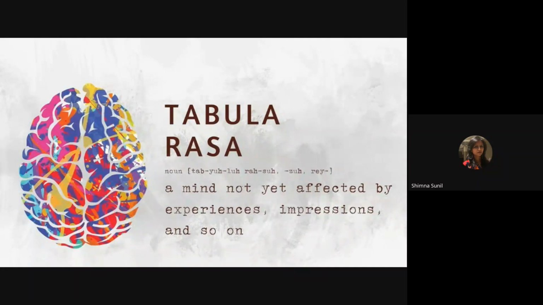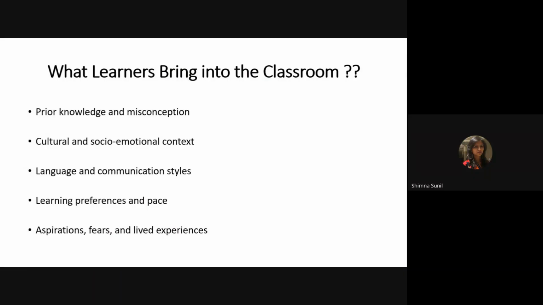They come, even if they are coming at a very early stage to us in our schools, maybe in the KG class or maybe in the foundational years, they still come with a lot of experiences, a lot of impressions on their mind, a lot of cultural background, a lot of expectations, lot of hopes, lot of fears, lot of expectations to learn, and so on and so forth.